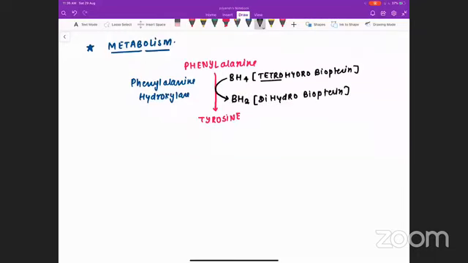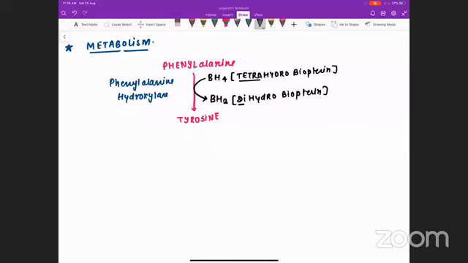Tetrahydro will convert into dihydro by donating 2 hydrogens. So this is how phenylalanine will convert into tyrosine. So for the conversion of phenylalanine, we are going to require a molecule of BH4, as well as we are going to require the enzyme hydroxylase.